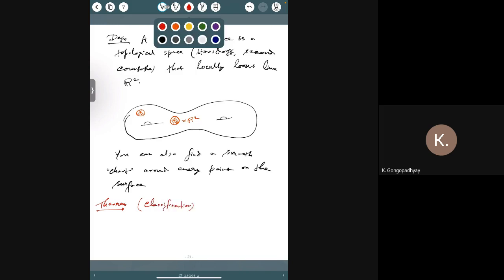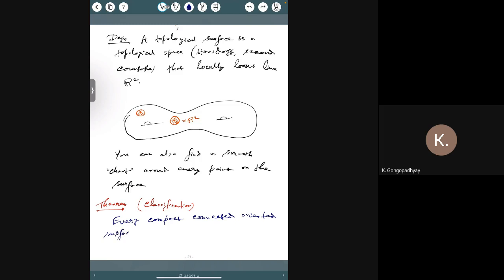This theorem says that every compact connected oriented surface is homeomorphic to one of R2, S2, or sigma G. All right.